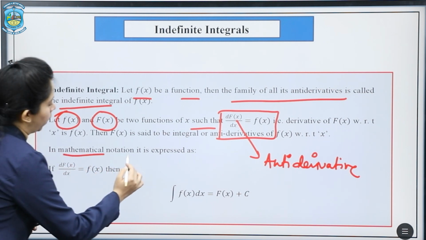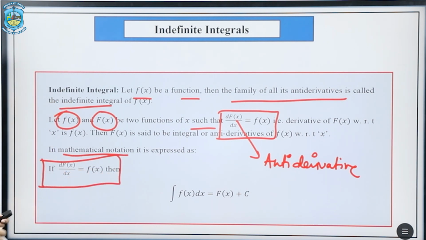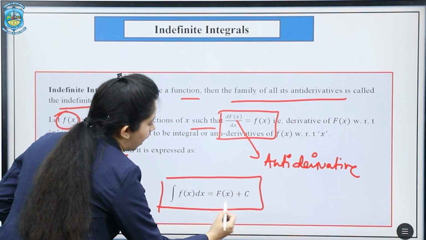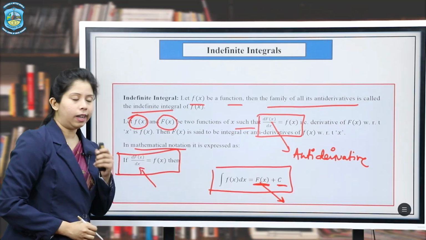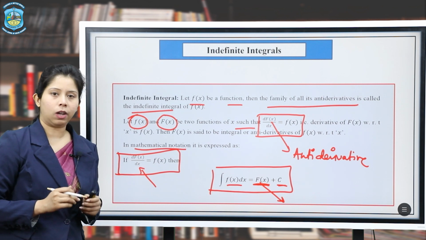In mathematical notation, if the derivative of capital F of x with respect to x is small f of x, then the integral of small f of x dx is F of x plus c. This F of x is the indefinite integral of small f of x and c is the constant of integration.